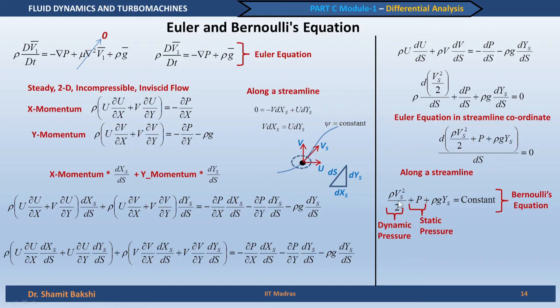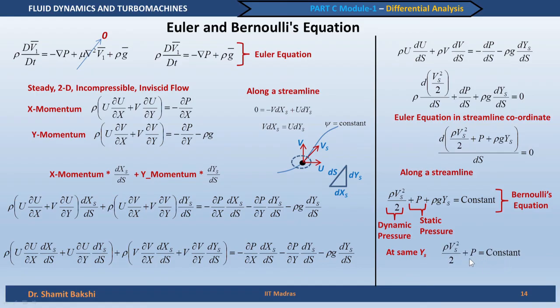This will be a little more clear in the next step. If we consider the same value of ys between two points in the streamline, then we can write this as rho v square by 2 plus p is equal to constant.